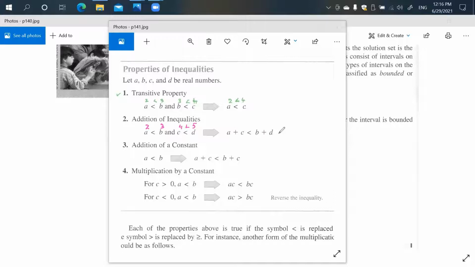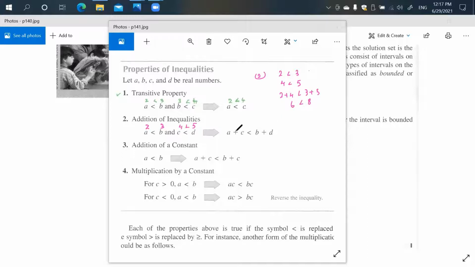Then 2 plus 4 is less than 3 plus 5. So I have 6 less than 8.